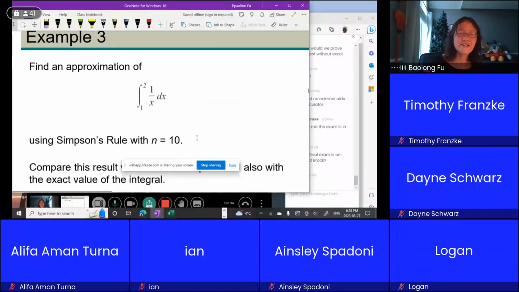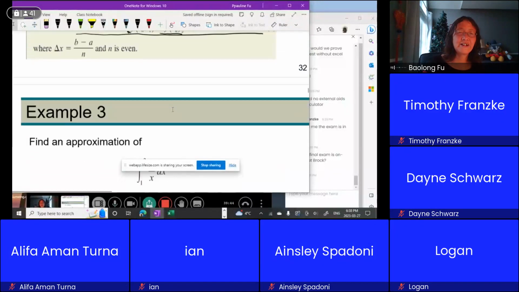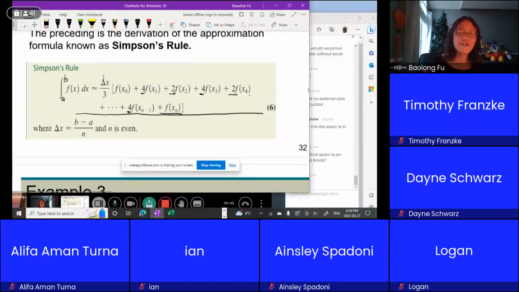Okay, let's take an example. This question we did using the trapezoid rule. Now we are going to use Simpson's rule. So to use Simpson's rule, we just use this formula. We are going to do the integral from 1 to 2 of 1 over x dx.